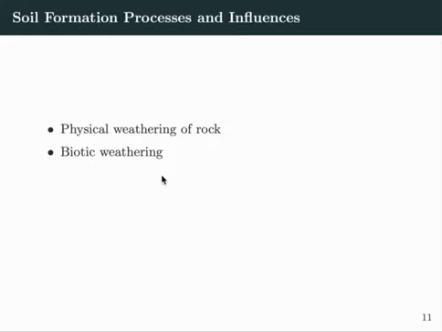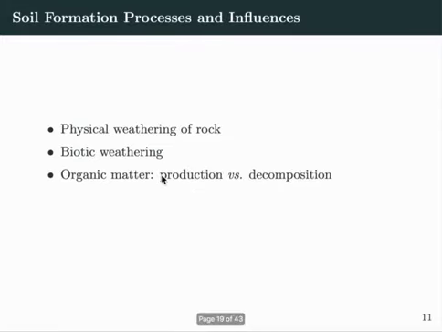This chemical weathering also happens through the decomposition of plant material and through stuff that comes out of roots. Root exudates create a slightly more acidic soil solution, and this helps dissolve the rock. So this physical, chemical, and biological weathering of rock is really, really important.